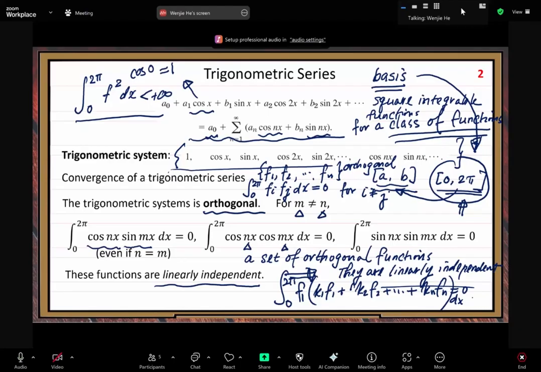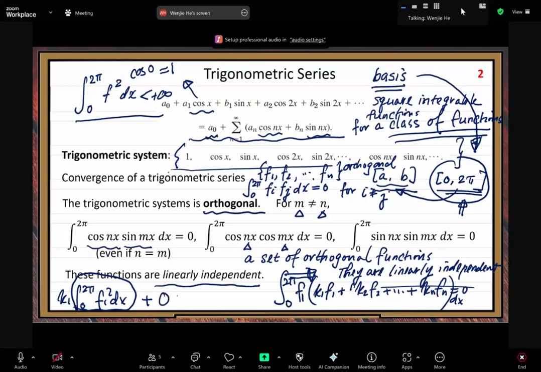Then, if we write it separately, k1 times the integral from 0 to pi of f1 squared dx. This integral is a positive number, right? Here we assume f is a non-zero square integrable function. Other than the first term, all the remaining terms are 0 by orthogonality.